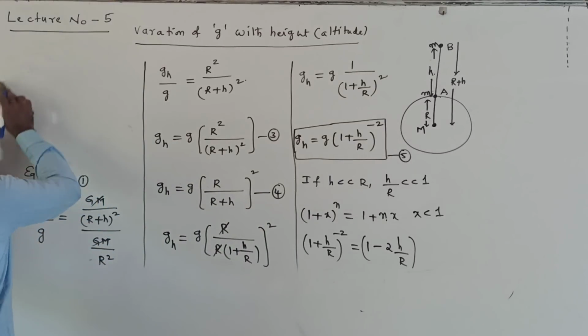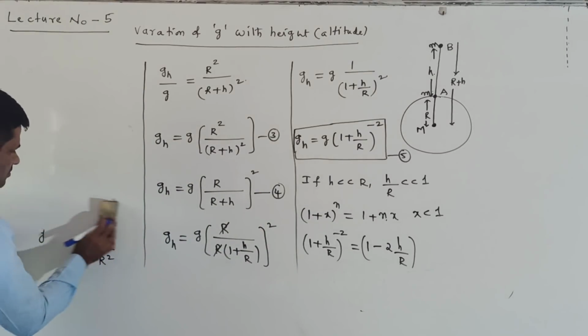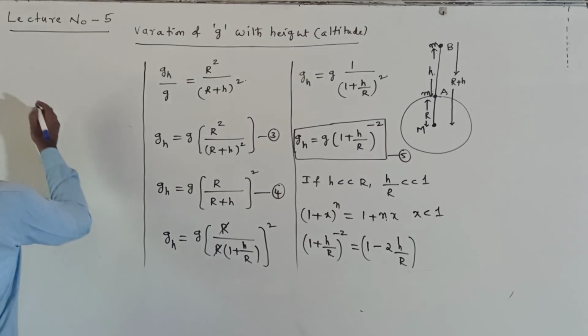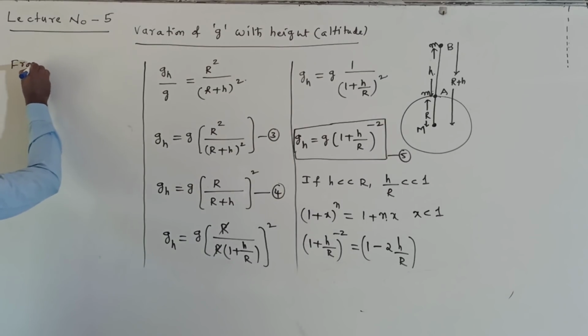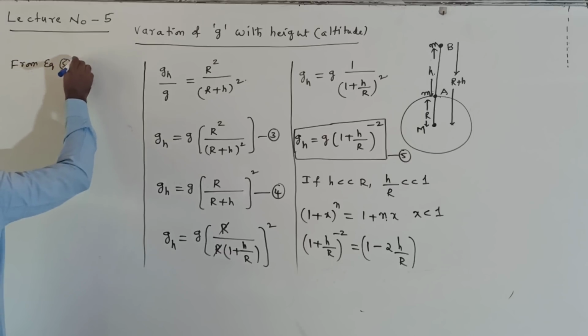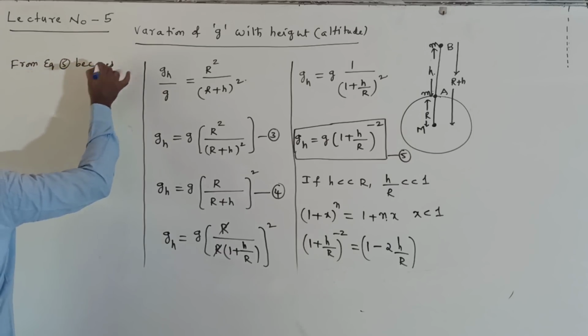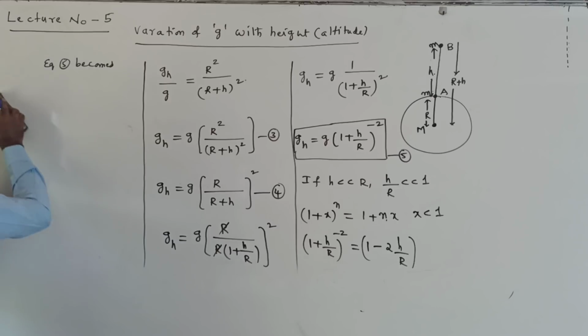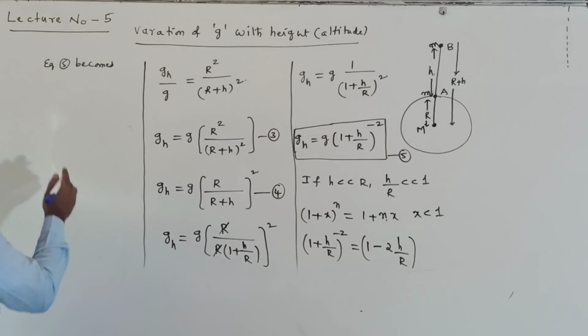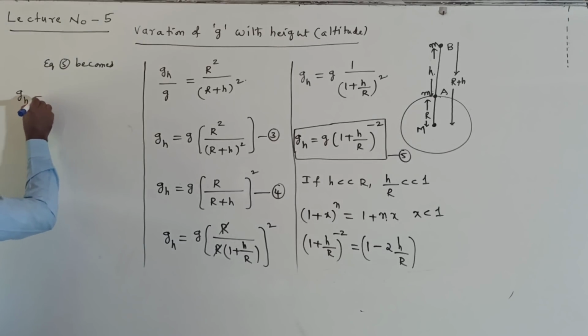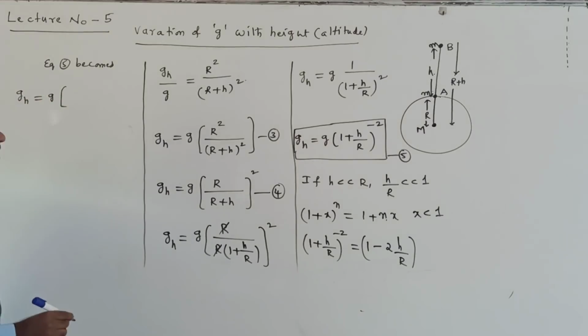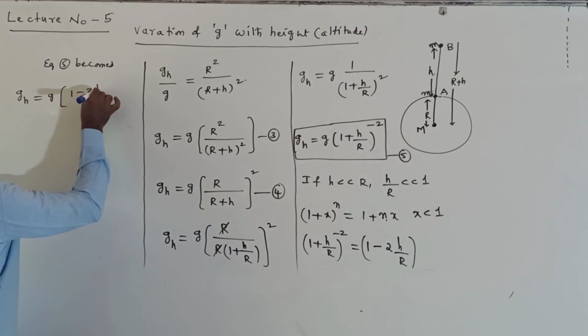Now equation 5 becomes gh is equal to g into 1 minus 2h by r.